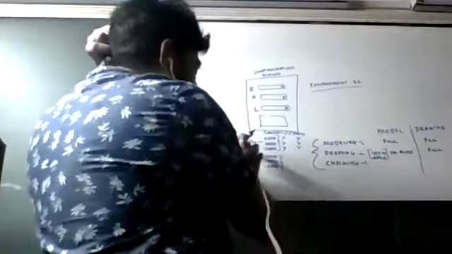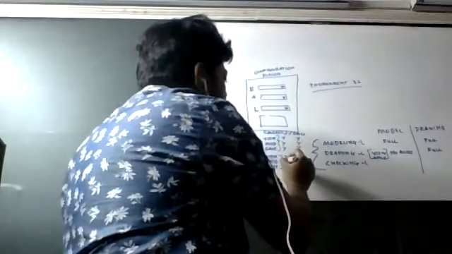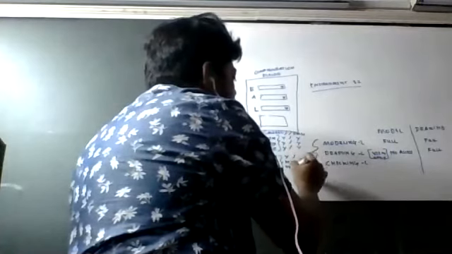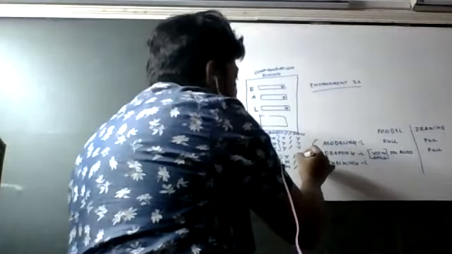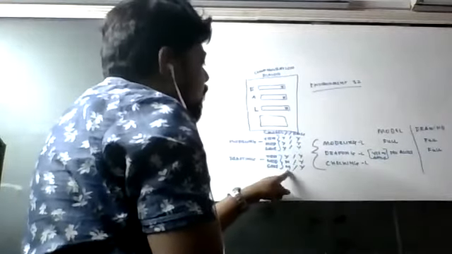The modeler will be able to access the drawing and modify, so all of this is access for modeling. Now in drafting, for viewing in the model, yes, there is access. Modification, no. Saving, no. In the drawing area, yes, the drafter needs to be working in drawing, so he can view the drawing, modify the drawing, and save the drawing. Y stands for yes and N stands for no access.